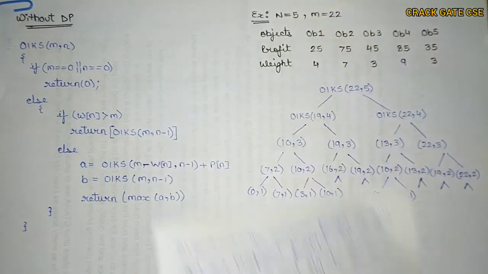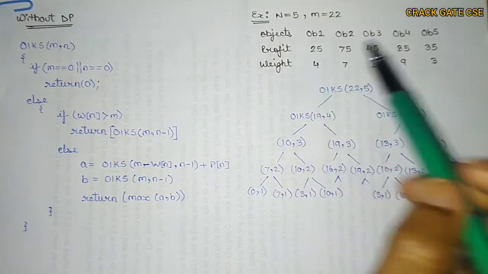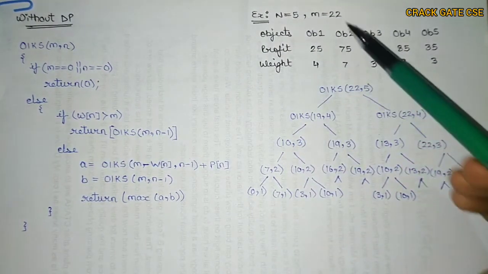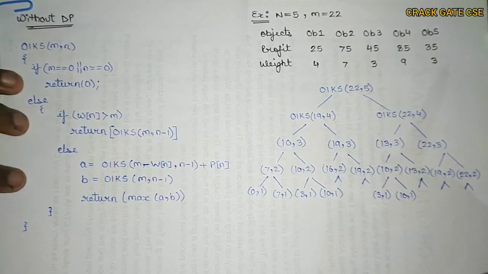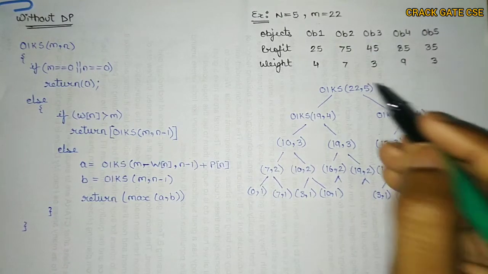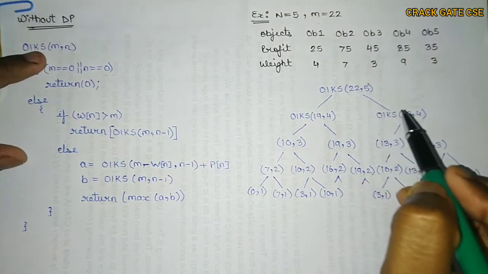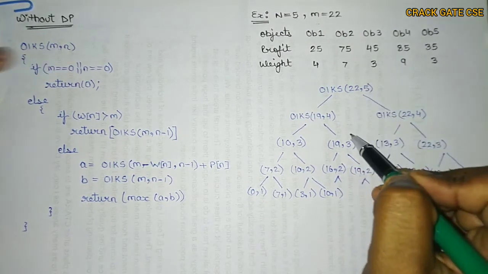Now let's try to understand this with the help of an example. Here I took an example with 5 objects and bag capacity as 22. Let's run this program. I will write 0 by 1 knapsack(m, n), where m is 22 and n is 5.